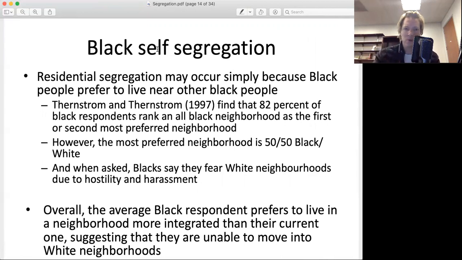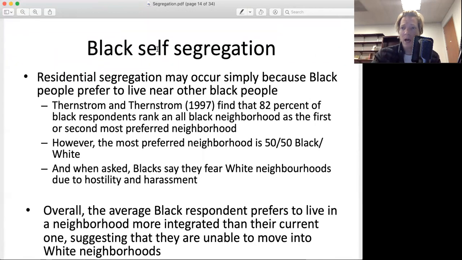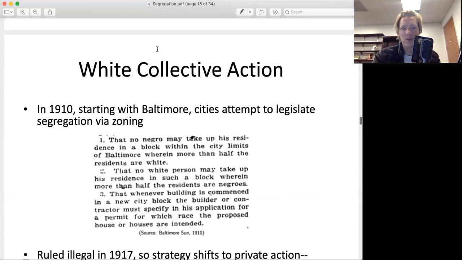So there must be some sort of barriers keeping them from moving to those more integrated neighborhoods. So this is our first explanation, but we don't think it's going to be a driving explanation. It is something that is discussed, but it's usually dismissed by the literature.